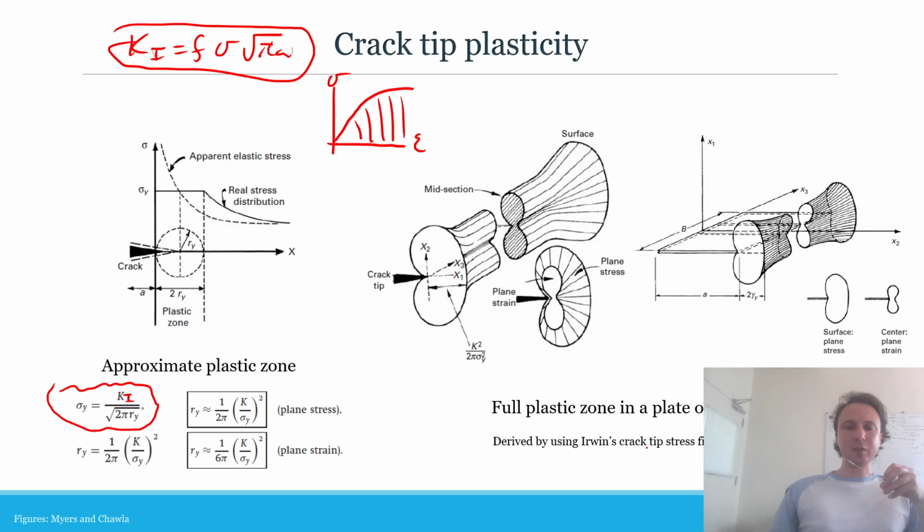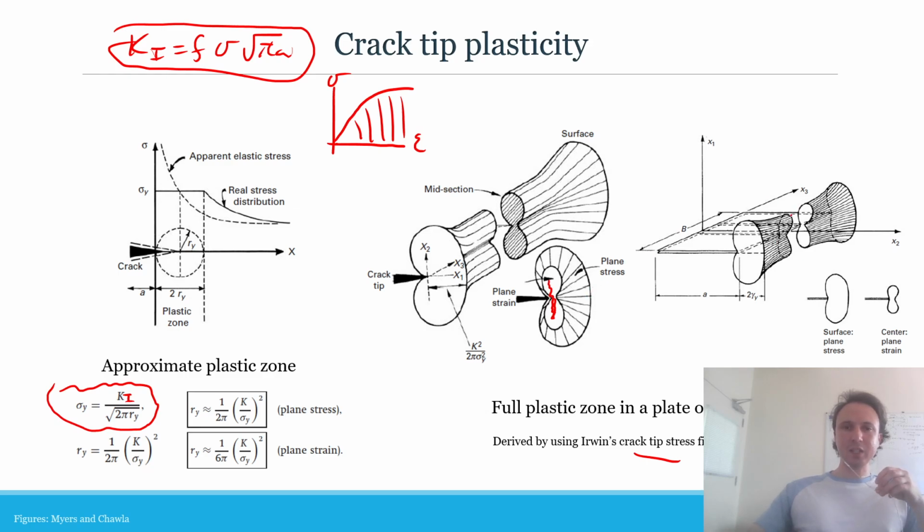But if you take that crack tip stress field on the last slide and you take each of the components of stress and you find the von Mises yield, then you get this real surface that looks kind of like a kidney bean. And this one is also in the class notes. Basically what it's showing here is that near the crack tip, you have plane strain deep into the material, and then as you get closer to the surface, you have plane stress.